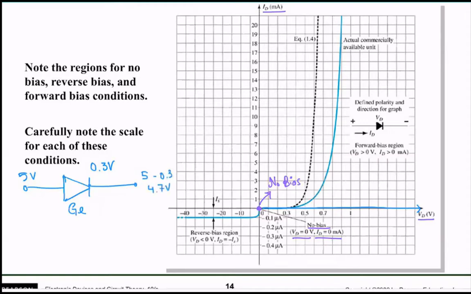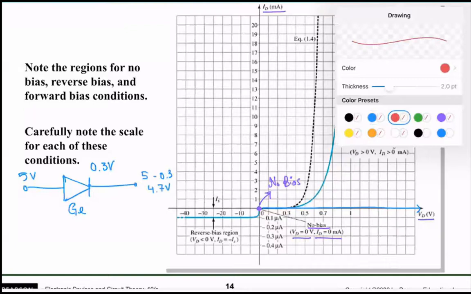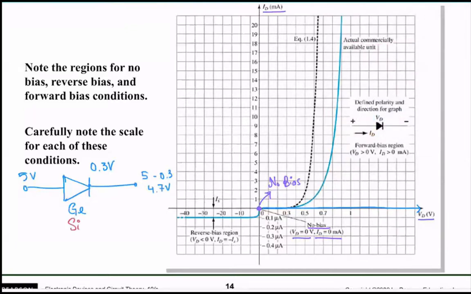Similarly, if you have a silicon diode and at the input you got 5 volts, the potential drop for silicon is 0.7. So at the output V naught, you will get 5 minus 0.7, which is going to be 4.3 volts.